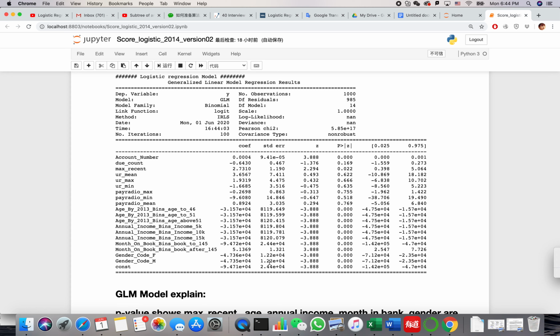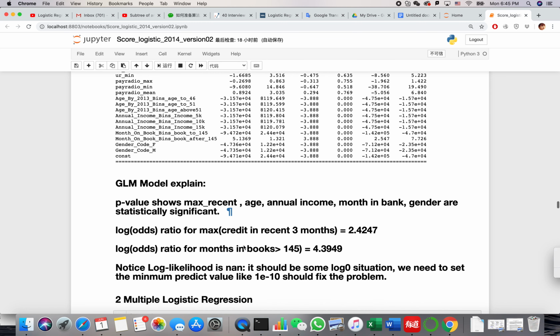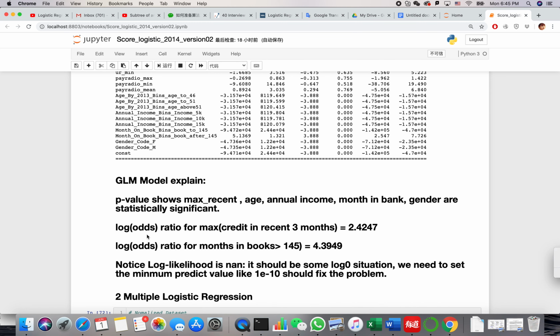And we get the log odds ratio. At this time, max recent is 2.73. It's the weight, it's 2.4, and the log odds ratio for months on book greater than 145 is 4.3.